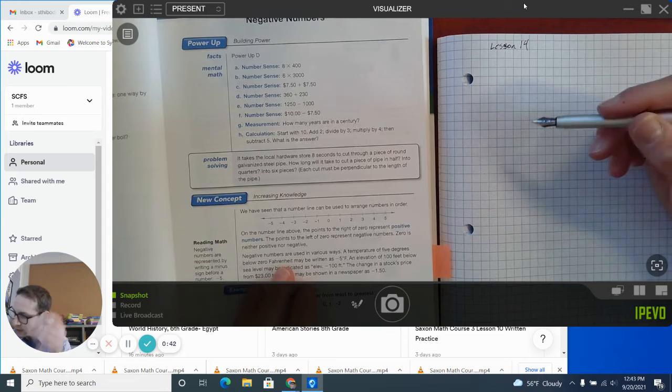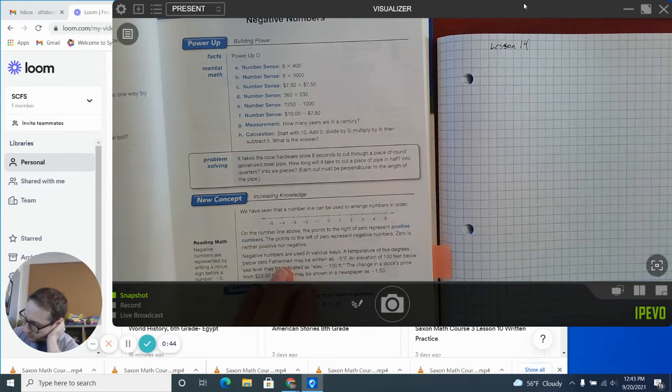Now the new concept is we have 0 here in the middle, and sometimes we have negative numbers. That means numbers that go beyond our origin the other way.